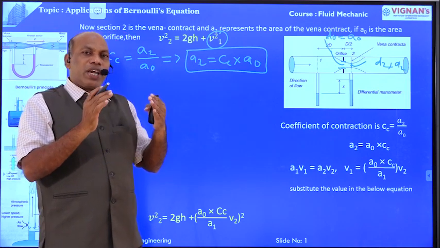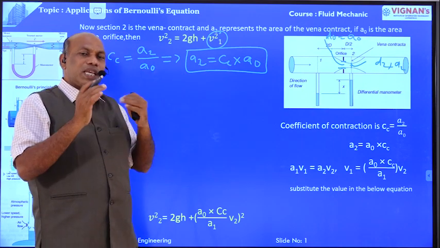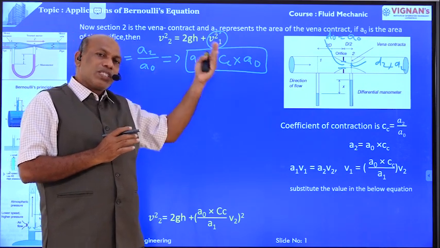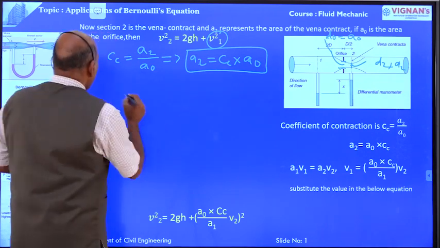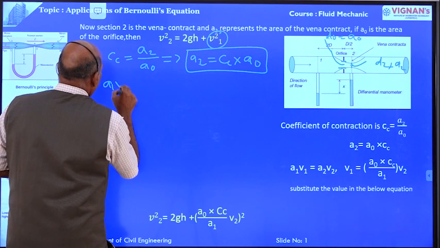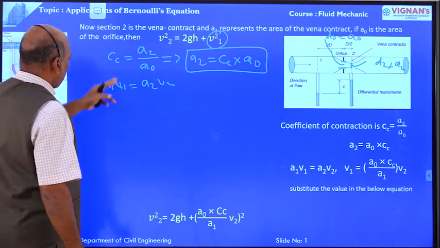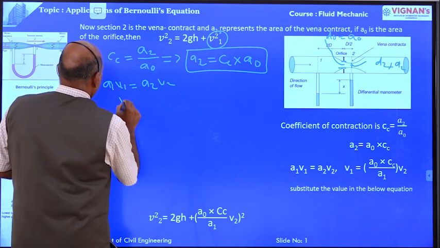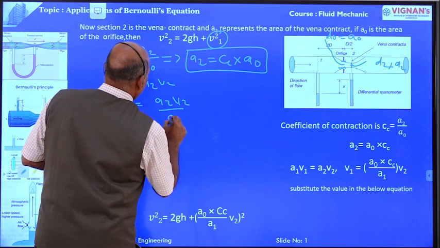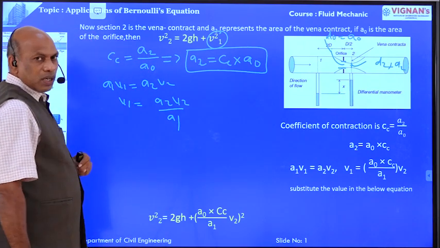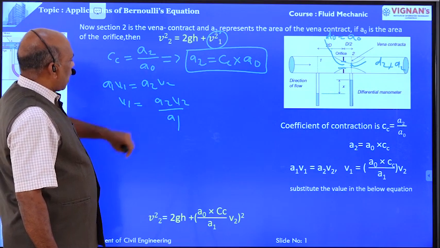That means cross sectional area at section 1-1 into velocity at section 1-1 is equal to cross sectional area at section 2-2 into velocity at section 2-2. From this equation, V1 is equal to A2 V2 divided by A1.